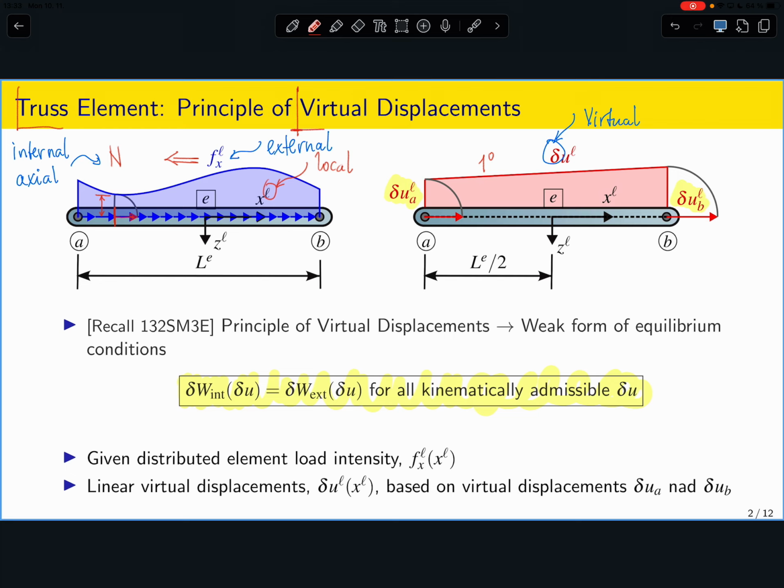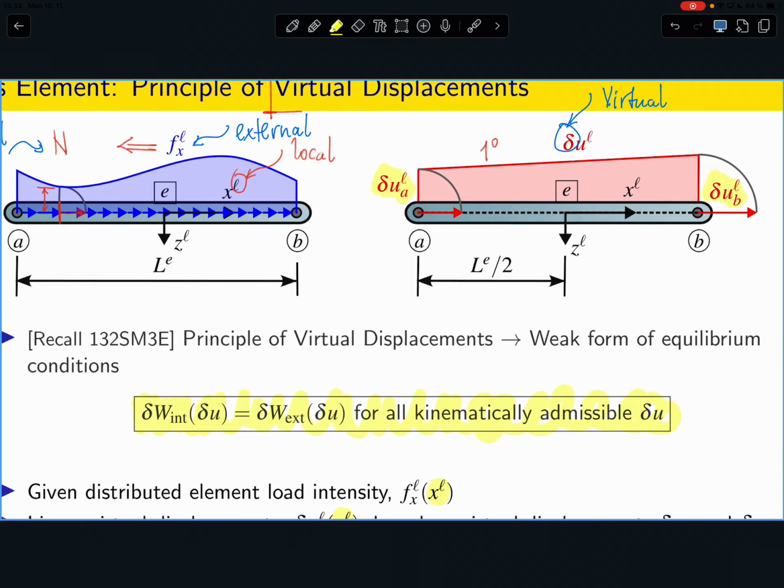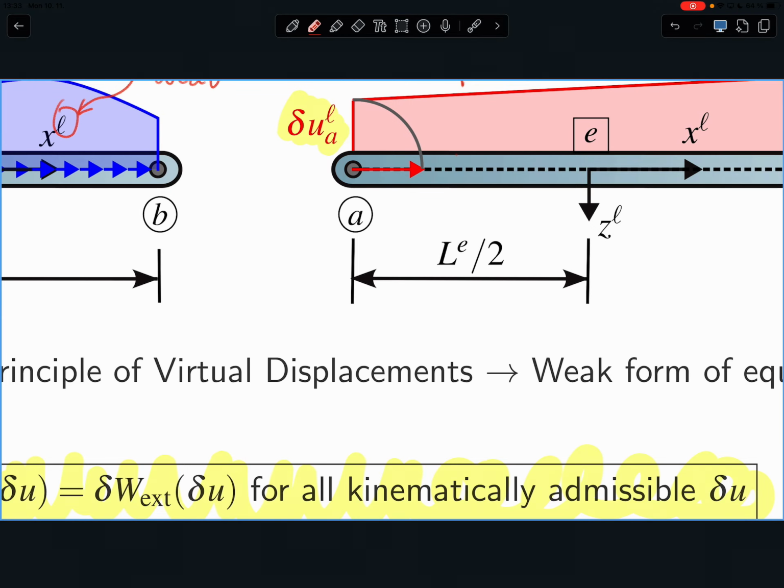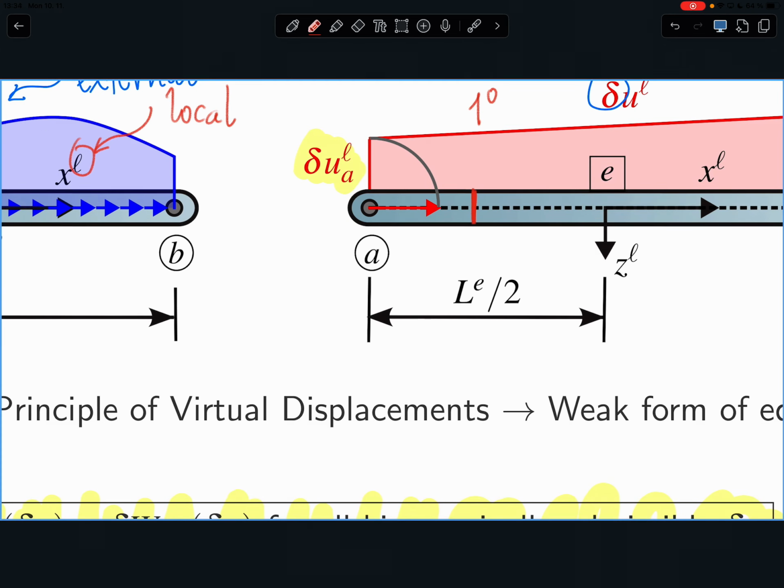This is because I would like to rederive the relations of the direct stiffness method. And again, this virtual displacement now is a function of the local position in here, in the same way as here. So for instance, if I decide that I will position myself in here, in this one particular cross-section, which is located in the corresponding coordinate system, the only thing I need to do is have a look at the value here.